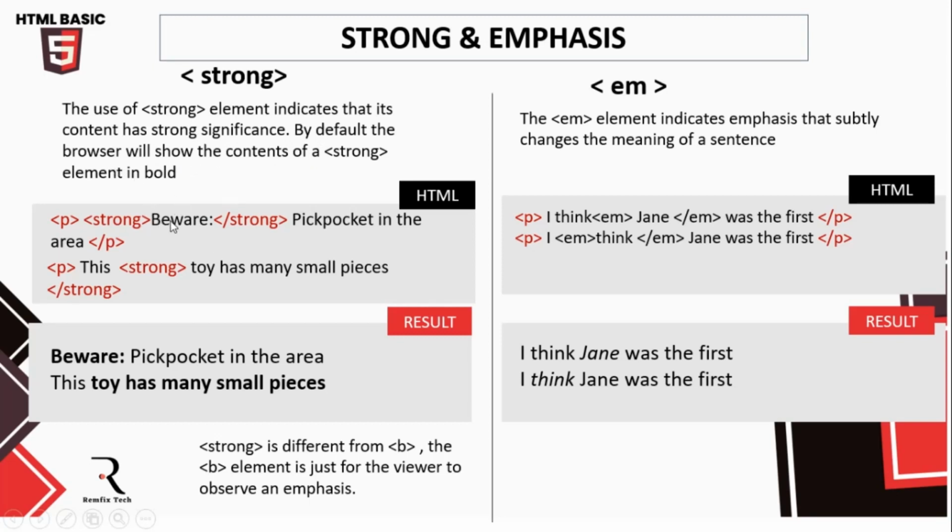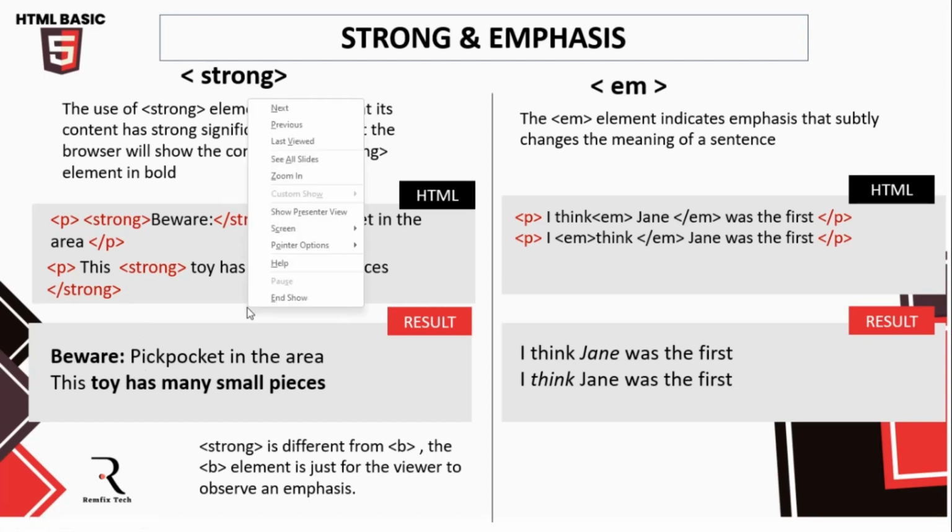Now if you observe, I have this paragraph, and in between this paragraph I have a strong tag referencing this particular content, beware. The result here has highlighted this content and made it bold. Now I have another paragraph here, and you observe that it highlights this content and makes it bold.